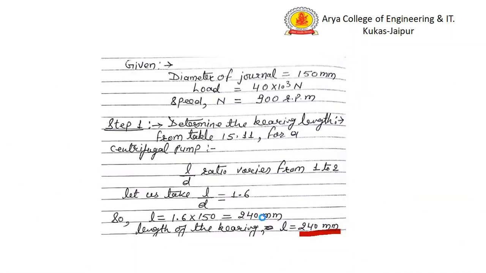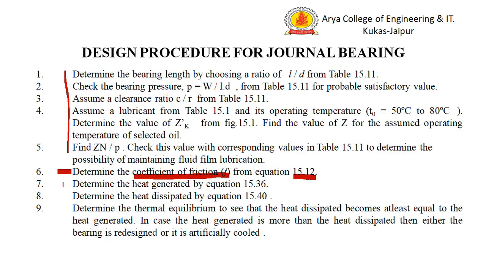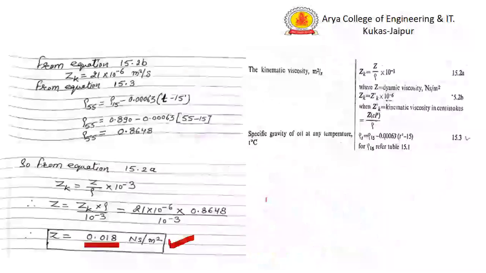Now step number 7, 8 and 9 are the heat consideration of the bearing. In step number 7, first we calculate the heat generated by equation 15.36, then heat dissipated by equation 15.40, and then we will check that heat dissipated is at least equal to the heat generated.